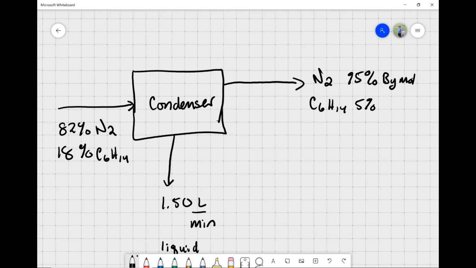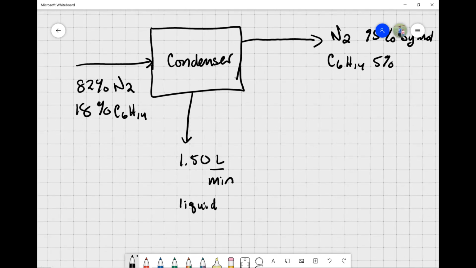And again, by mole. The only flow rate we have is this 1.50 liters per minute. The last one was mass, this one's mole.